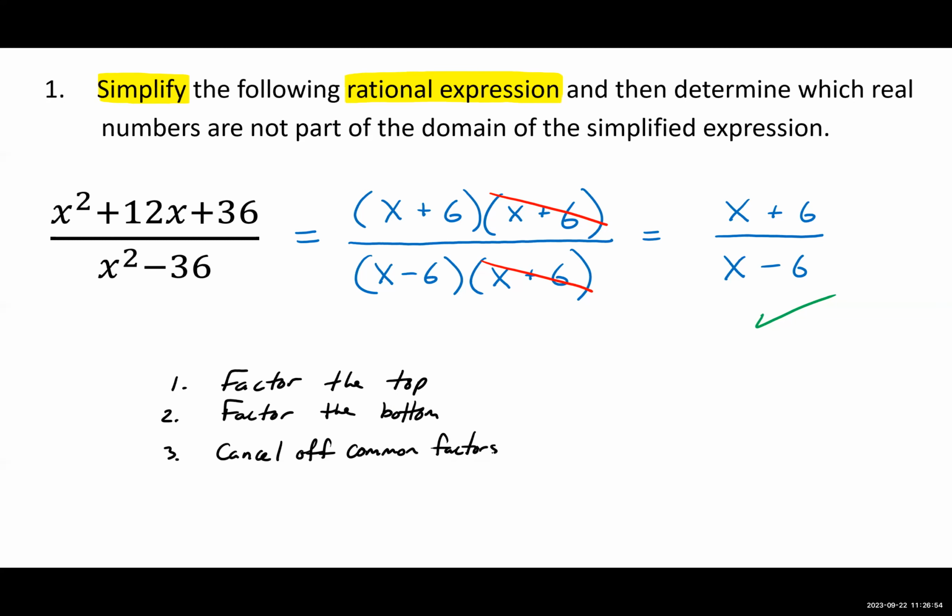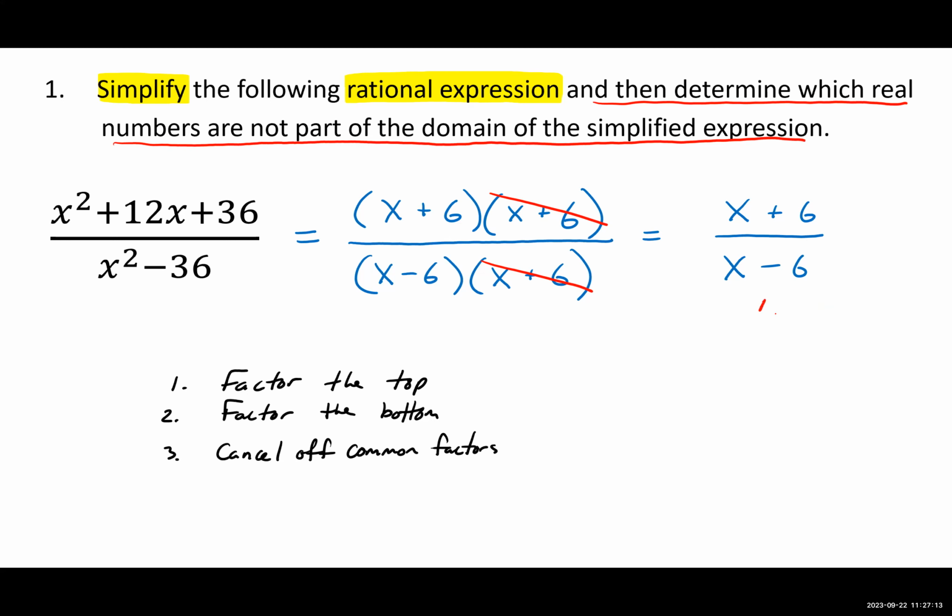Now for the second part of the problem, right? And then determine which real numbers are not part of the domain of the simplified expression.